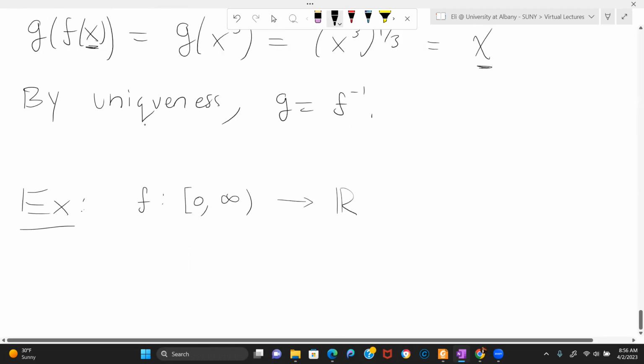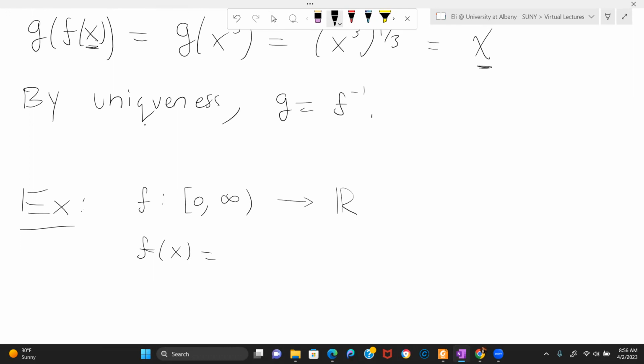So f is going to be the function from 0 to infinity, and it takes x to x squared, right? We showed that f is injective, remember? And that's because of this domain. If f were defined on all the real numbers, then this wouldn't be injective.